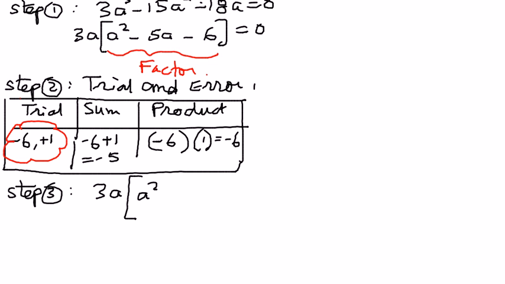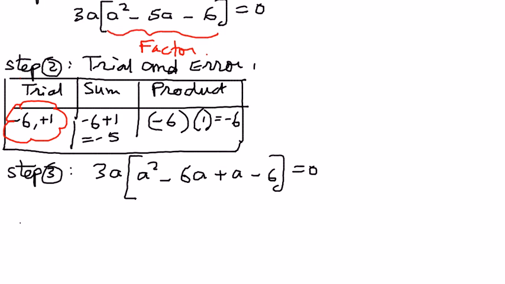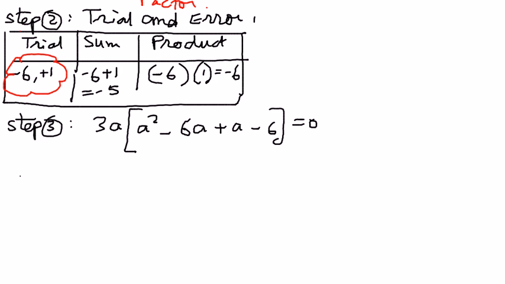We have a squared minus 5a minus 6, and the middle term is negative 5a, and we're going to expand that by using these two terms. A squared minus 6a plus a is negative 5a, then minus 6 is equal to 0, and now we're going to factor them by grouping.